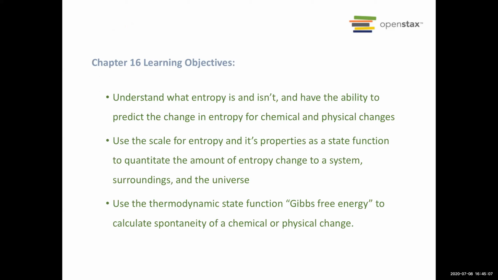We will use the scale for entropy and its properties as a state function to quantitate the amount of entropy change to a system, to the surroundings, and to the universe. Lastly, we will learn how to use the thermodynamic state function Gibbs free energy to calculate spontaneity of a chemical or physical change.